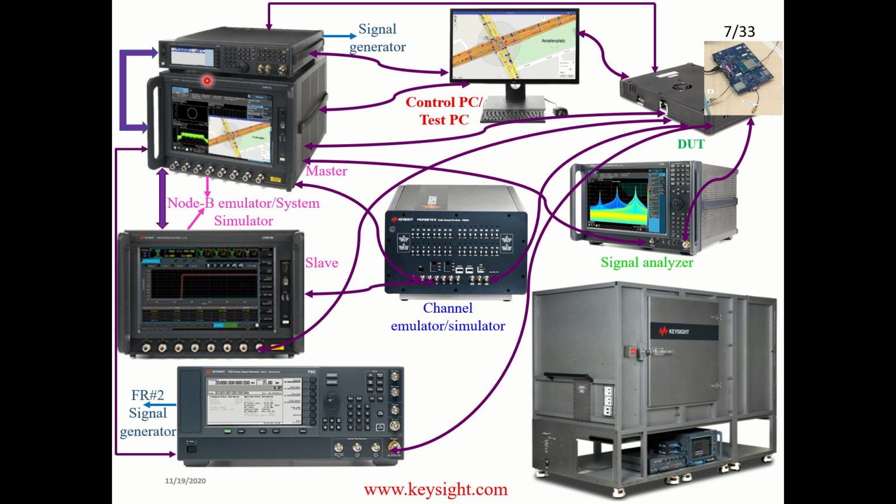For example, the box will have basic fading scenarios, but not everything inside, and not multi-port fading. What you can emulate is, for example, if a UE is moving at some speed, what the fading, multipath, and scattering will be. Those kinds of things are embedded in these channel emulators.